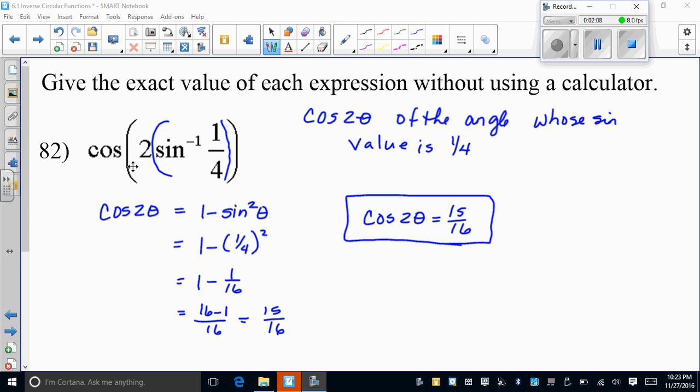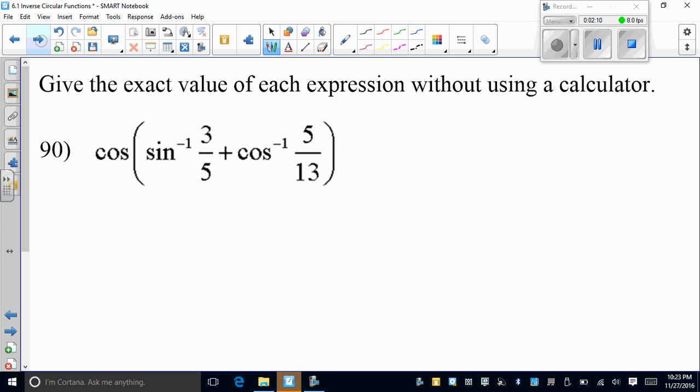Okay, this is another identity that we have. Notice that we have sine plus cosine, but this is not the part we have.